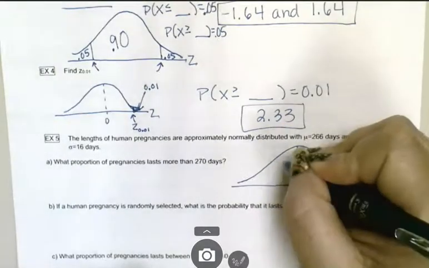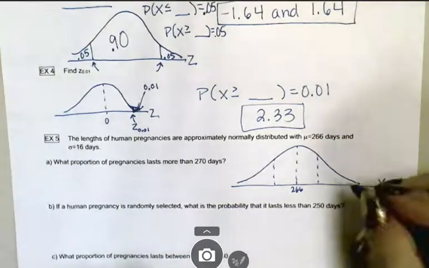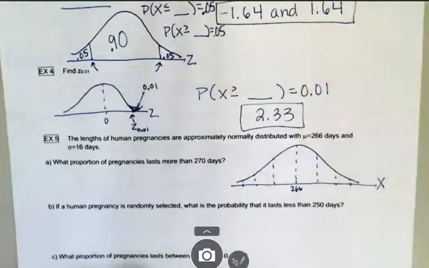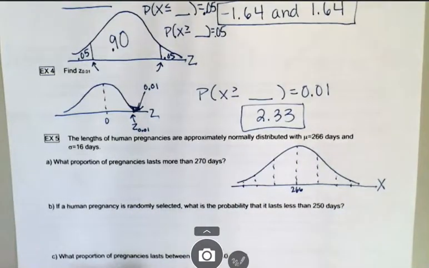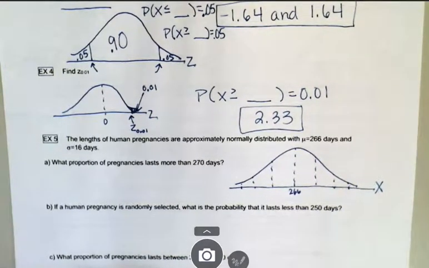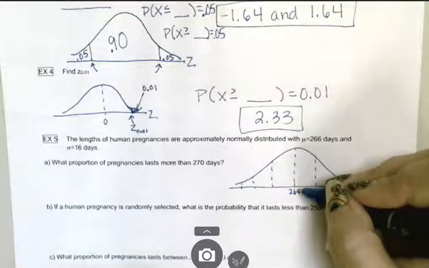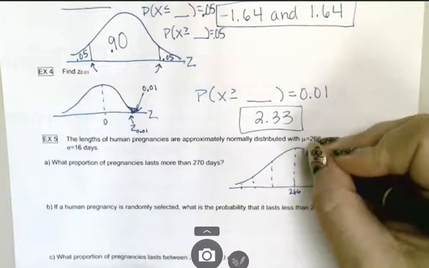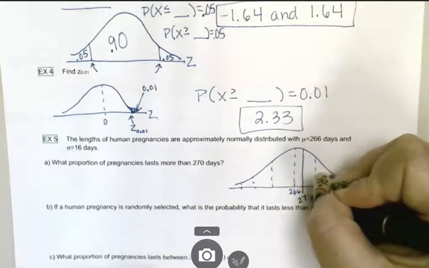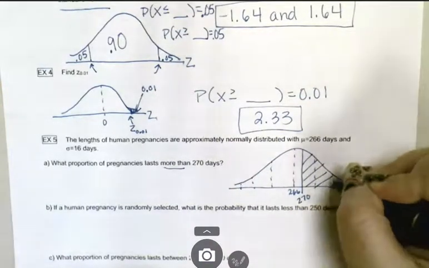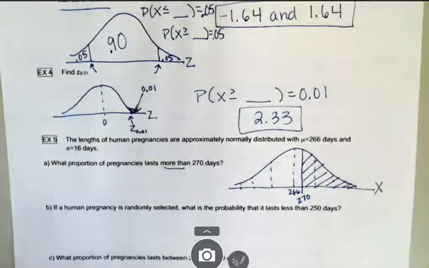So this would be 16 above, 16 below, so on and so forth, continuing to work our way out. The question asks, what proportion of pregnancies lasts more than 270 days? So 270 is slightly above the mean. So if I'm going to mark it, maybe about right here, and more than means above, so when I'm drawing the area under the curve, I'd be shading to the right in this case.